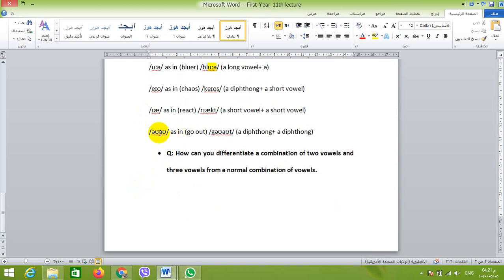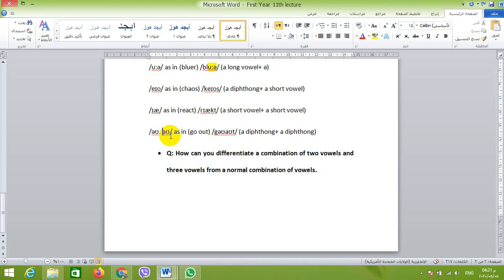Go out. Go is one syllable, and ow is another syllable. Go out. But normally when we are speaking continuously and quickly, we don't have clear pause between go and out. Go out. Go out. Okay? So you need to be careful.